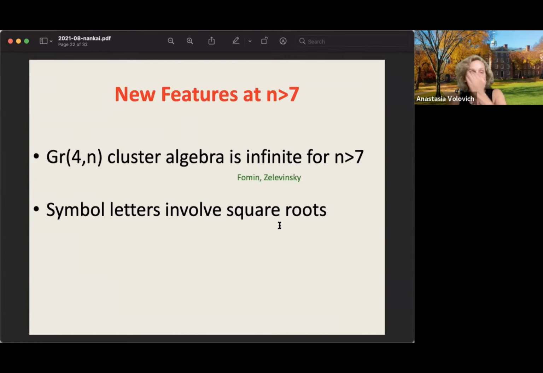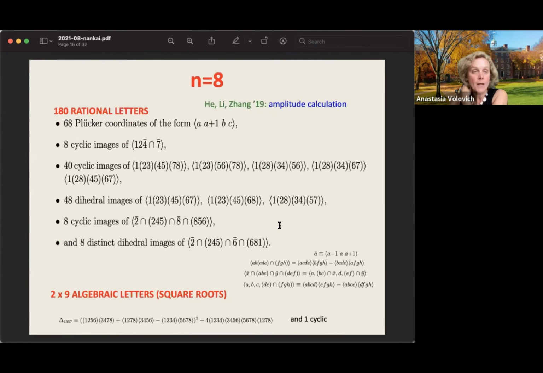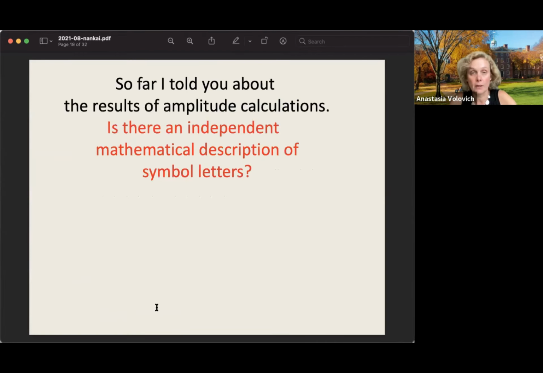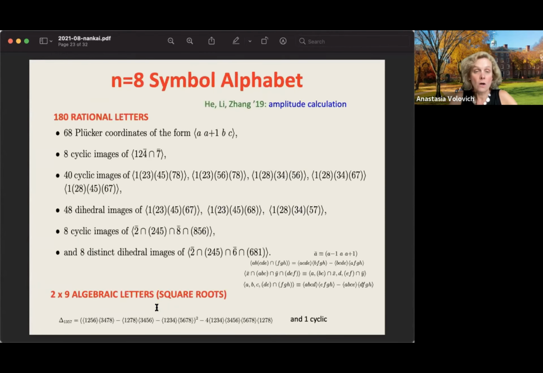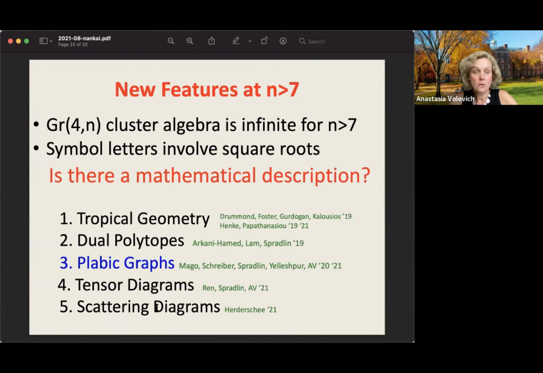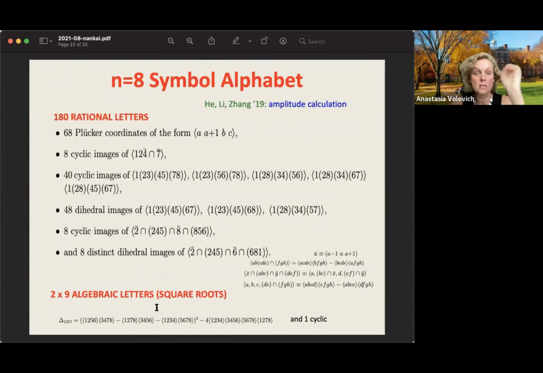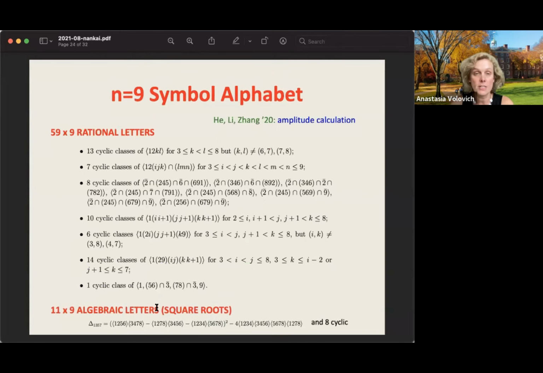Second of all, as you saw in these slides, the symbol alphabets start involving square roots of these Plücker coordinates. That's also not something we could produce easily from these Grassmannian cluster algebras. So we'd like to know the mathematical description. How do we describe those two lists, this one and this one, from some known mathematics?